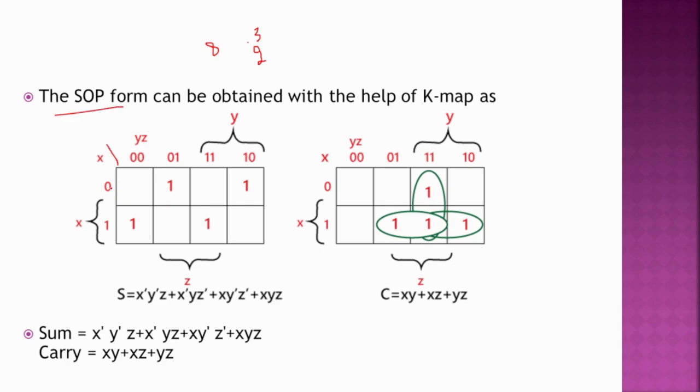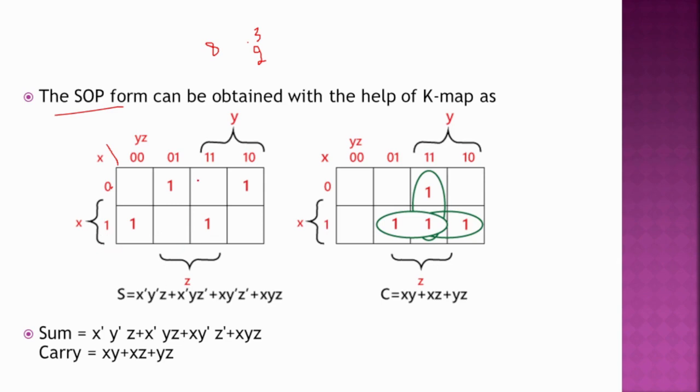If all three values are 0, the sum will be 0. If x is equal to 0, y is equal to 0 and z is equal to 1, it means 1. Like that you need to fill the 1 in the respective position.